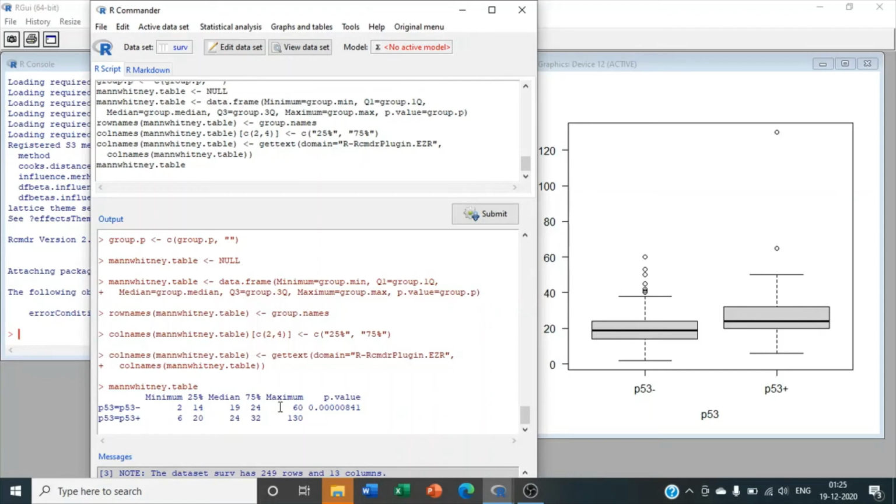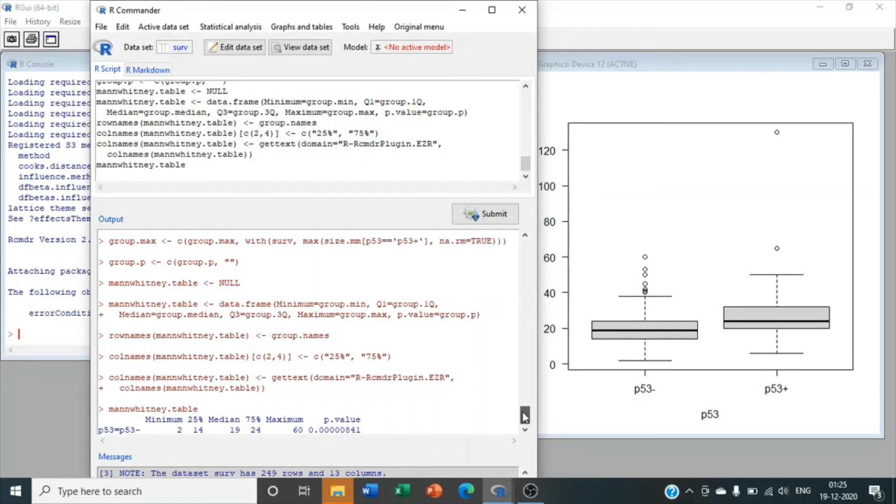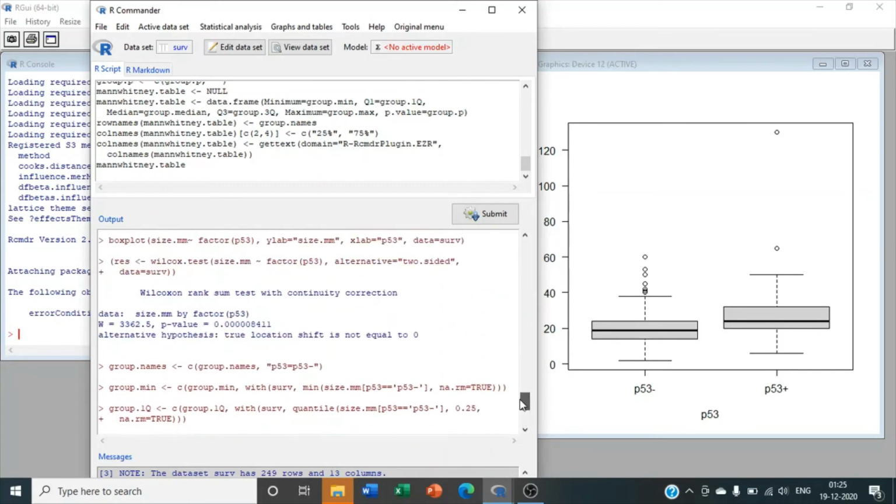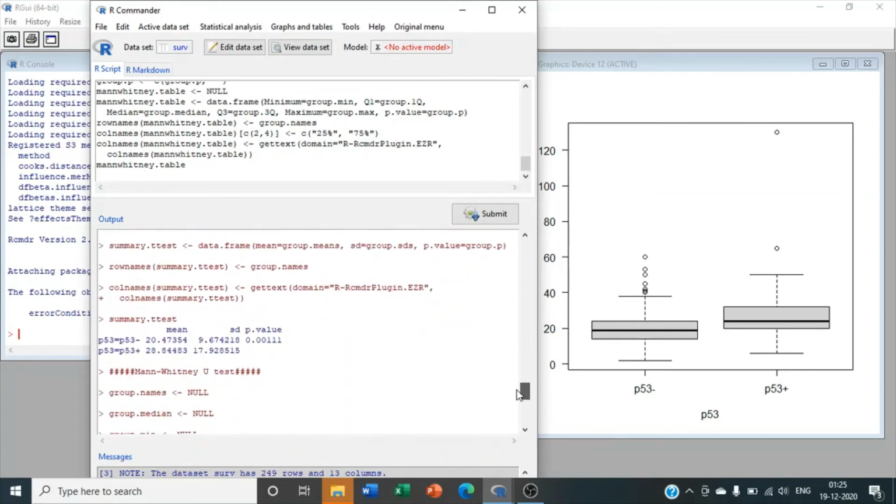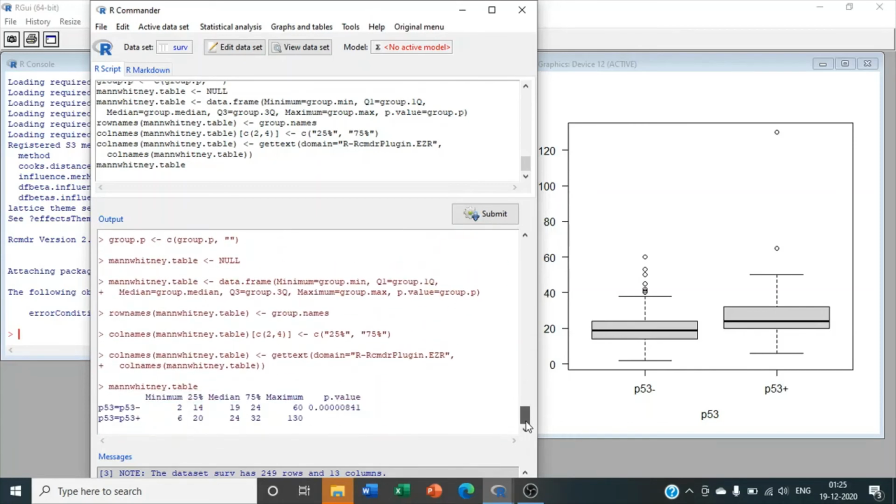We already saw that there was a difference, and the difference is statistically significant, p value of 0.000000841. This is even lesser than what we got by the t test, which shows that at such a violation of the Gaussian distribution, this non-parametric test is not only more appropriate, but it is also more powerful.